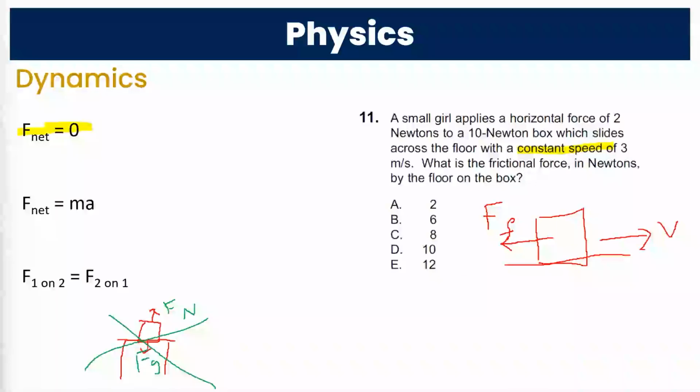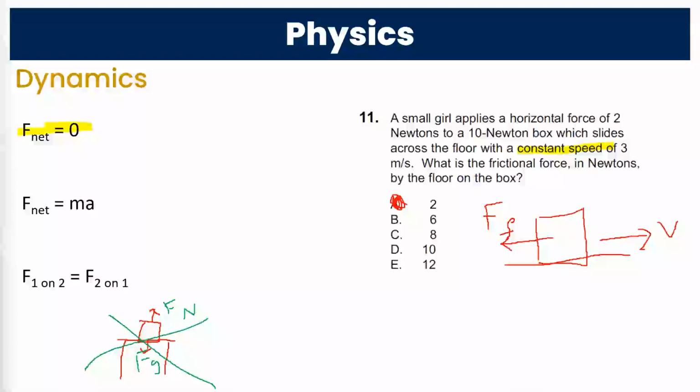If she's applying a horizontal force of 2 newtons, then the force opposing that motion must also be 0. Well, the total net force has to be 0. So the opposing force has to be 0, making our answer 2. Tricky, right? Not a hard question, but it looks like it could be harder than it really is.